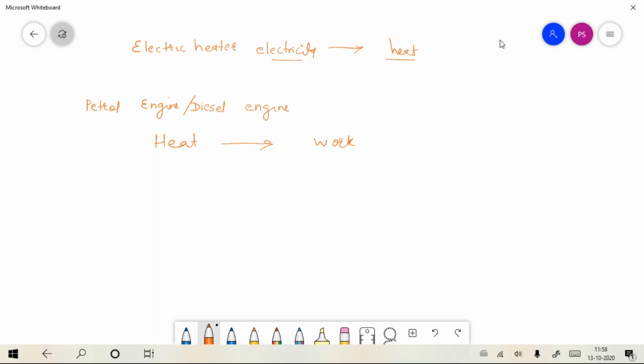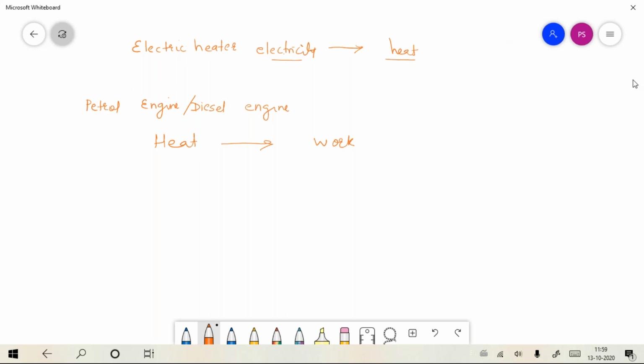Or let me simplify the question. Can we theoretically convert the entire amount of electricity which we are supplying to heat, to heat the water? And the second question is, can we convert the entire amount of energy which is released by the combustion of the fuel in the petrol engine to shaft work?